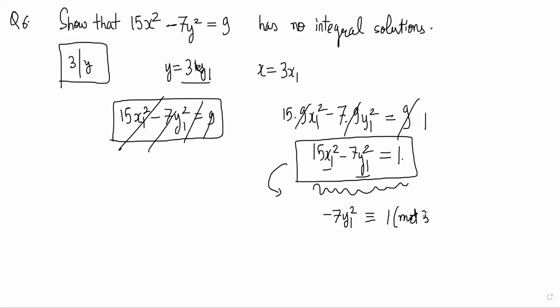So it's 2y1 square congruent to 1, and 7 is congruent to 1, so you can remove that. So y1 square is congruent to minus 1, that is 2 mod 3, which is the contradiction, because y1 square can only be 0 or 1.